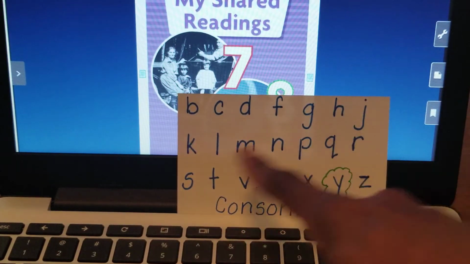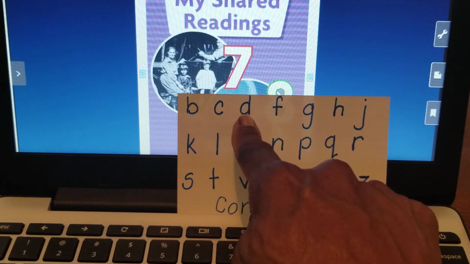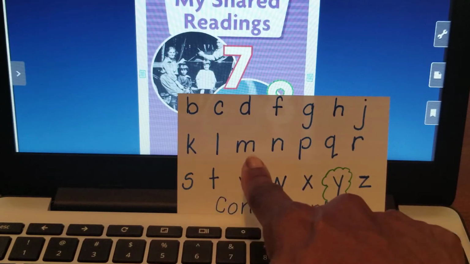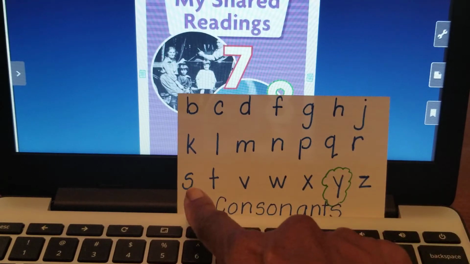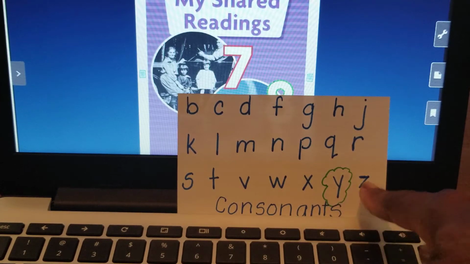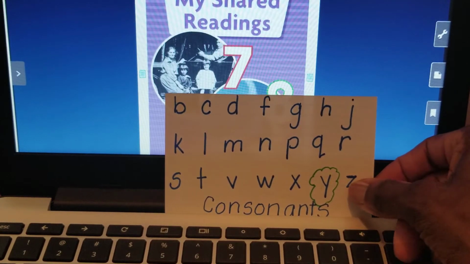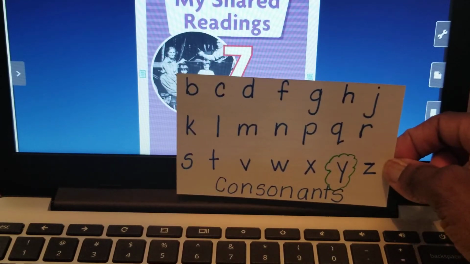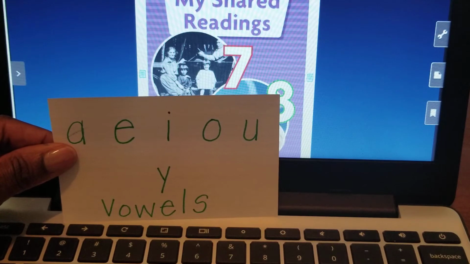So that's why you can see some letters are missing. Consonants are B, C, D, F, G, H, J, K, L, M, N, P, Q, R, S, T, V, W, X, Y, and Z. And I put a little curly line around Y because sometimes Y does double duty. It has two jobs. Sometimes it's a consonant. Sometimes it acts as a vowel.